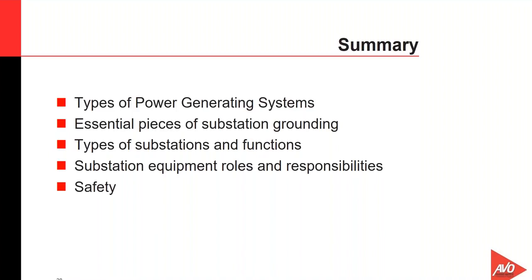I talked about step potential and touch potential and how important those 2 different types of potentials were with substation grounding. I know I spent a little bit of time on grounding, but I feel that it's one of the most important pieces about the substation, making sure that the grounding grid that's usually designed by engineers is done correctly in order to mitigate any type of catastrophic life failure or whatnot. Step potential and touch potential we talked about, and the differences between the 2.